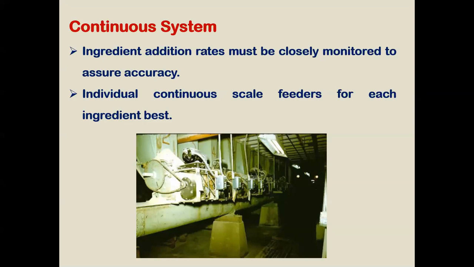Individual continuous scale feeders, with different hoppers, are also there. An individual continuous scale feeder should be prepared for each ingredient, so the individual ingredients come through the different feeders and are mixed under this continuous system.